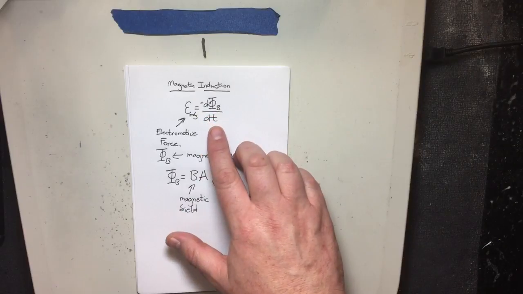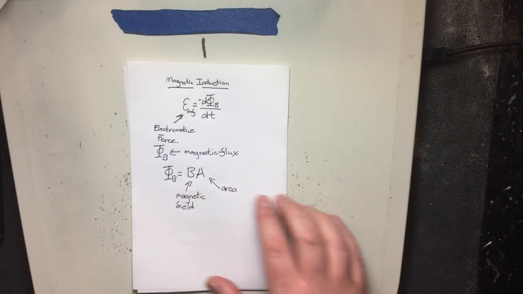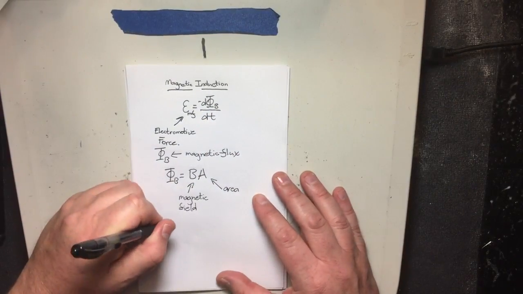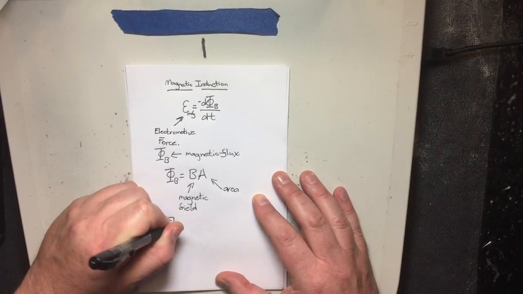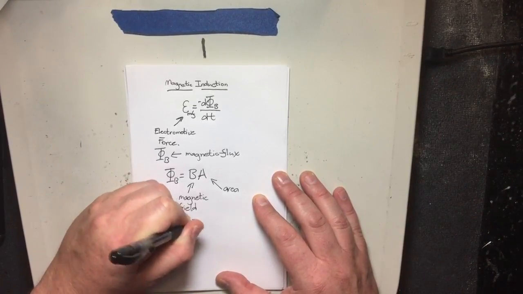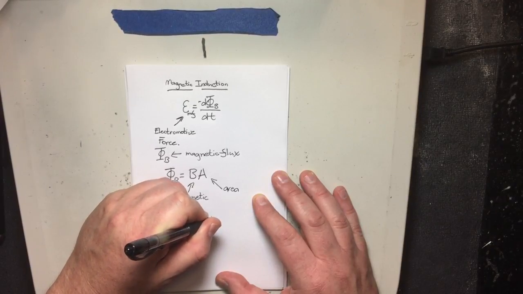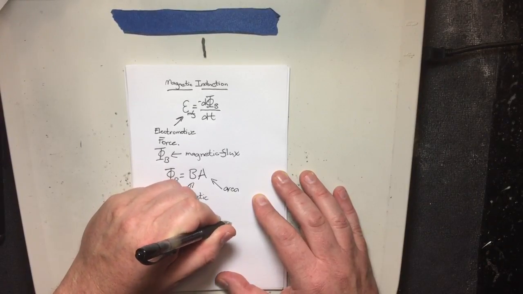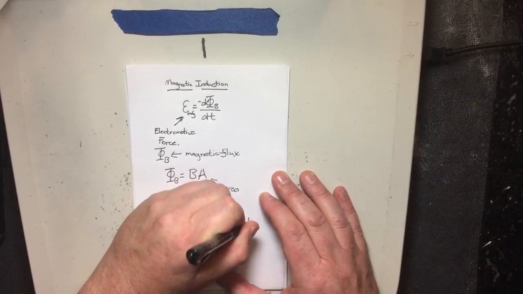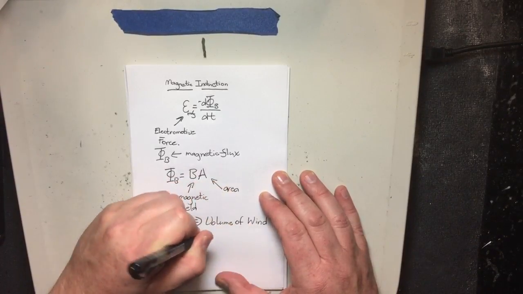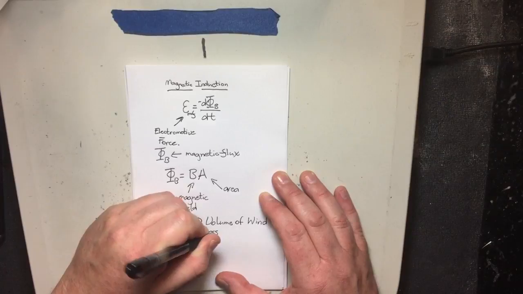This d phi B dt and magnetic flux, I've tried to make the analogy of the volume of wind passing through a window.